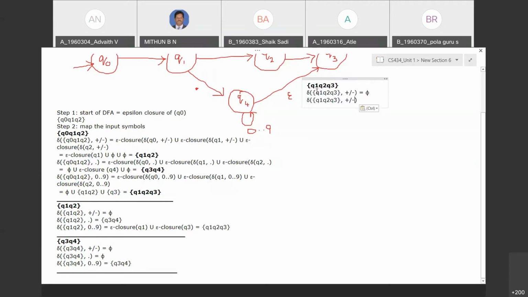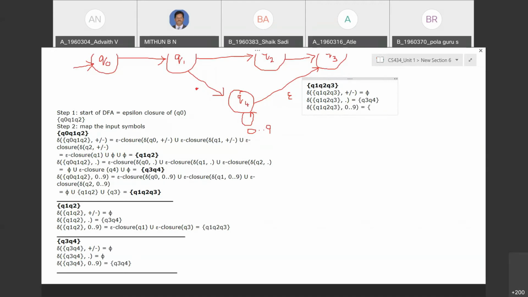Similarly, check Q1, Q2, Q3 with dot. Q1 with dot is Q4, so the epsilon closure of Q4 is Q3, Q4, which is already available. Then delta of Q1, Q2, Q3 with 0 to 9.